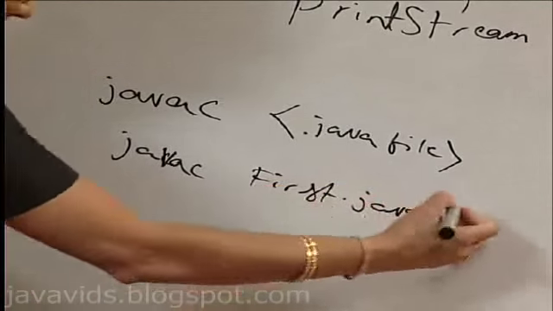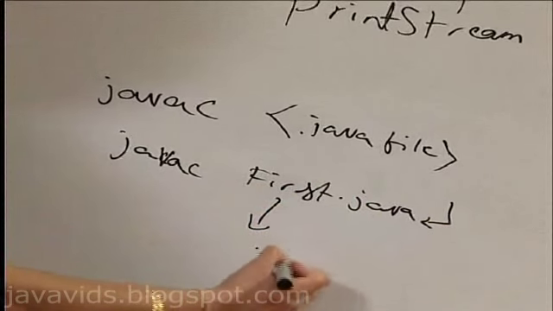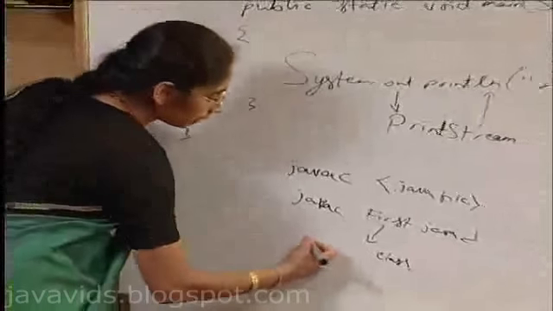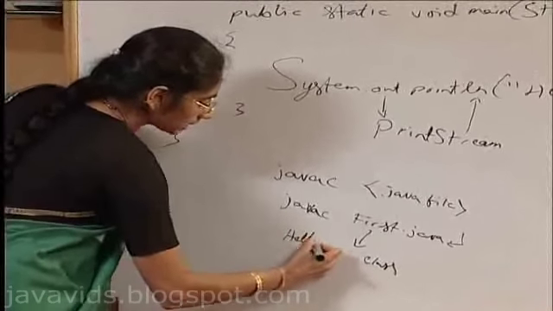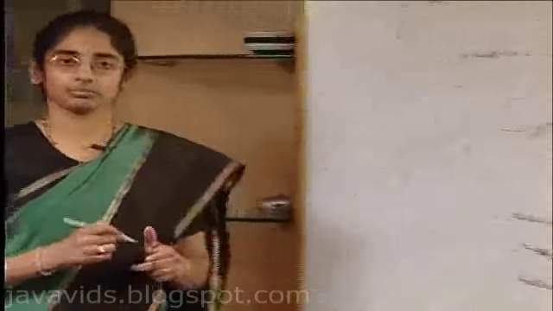When we compile this code, we get a .class file. The .class file name is the same as the class name. So it is HelloWorld.class that we get.